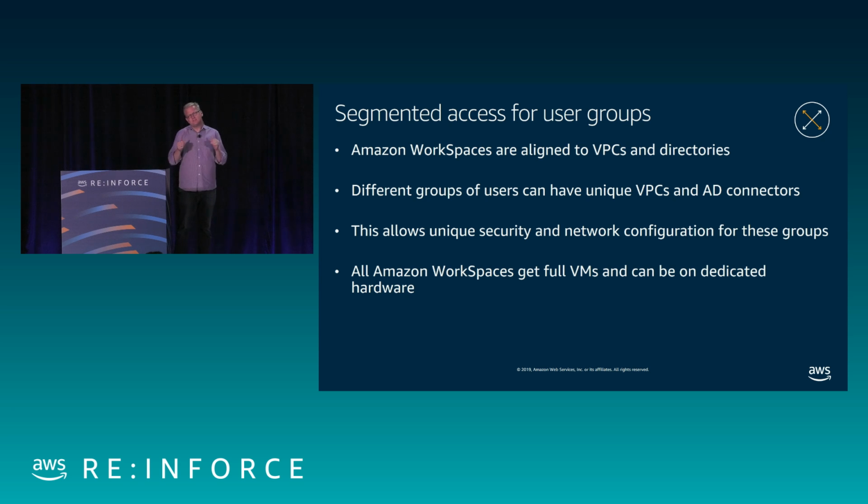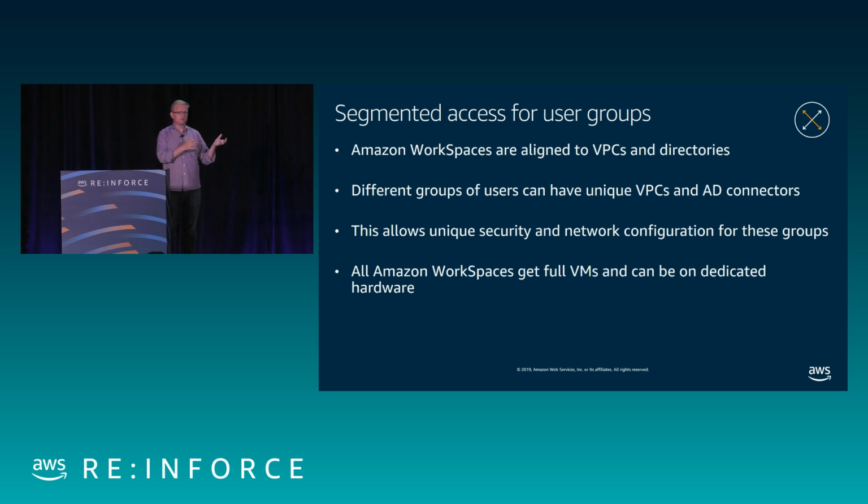So in addition to having the segmentation in terms of the VPC and in terms of the directory, the Workspaces product itself is built on the idea of full segmentation down through the virtual machine layer. So every workspace is a full virtual machine. Effectively, think of this like EC2 instances. There are approaches that are not like this.